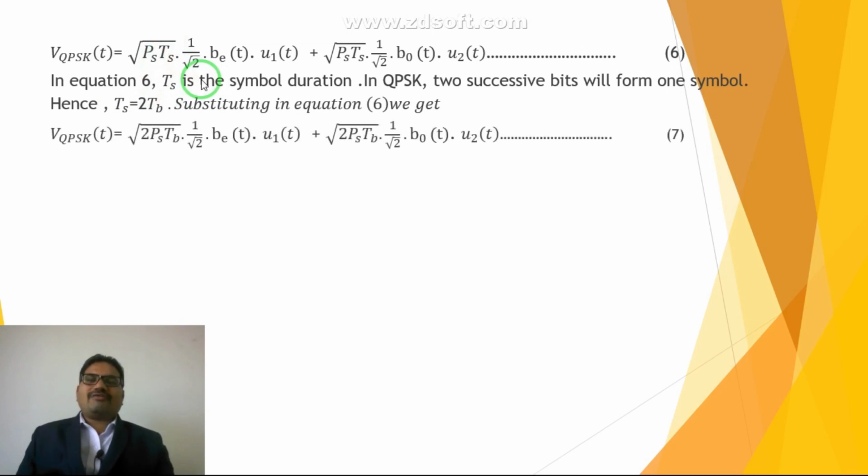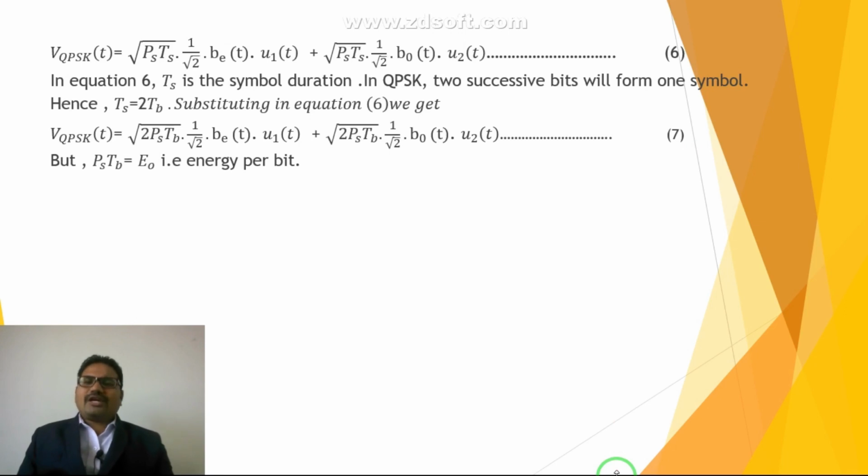So put Ts equal to twice of Tb in equation number 6. Your equation 6 would become square root of 2PsTb times 1 by square root 2 B of et u1 of t plus square root of 2PsTb times 1 by root 2 B of ot u2 of t. Make it as equation number 7. Now, as we know, Ps into Tb is nothing but your energy per bit.